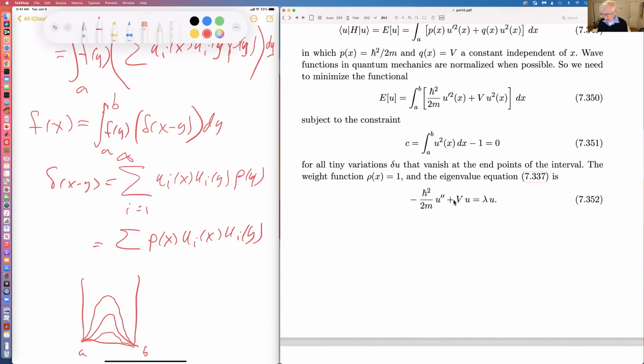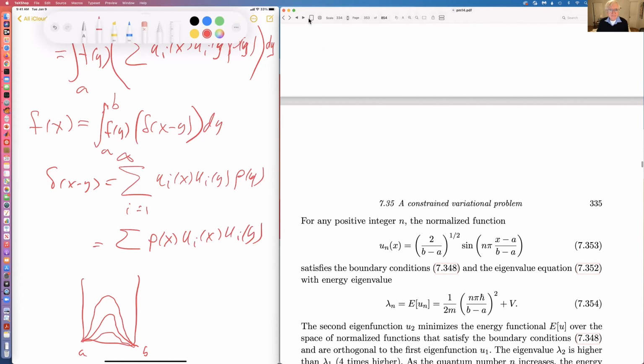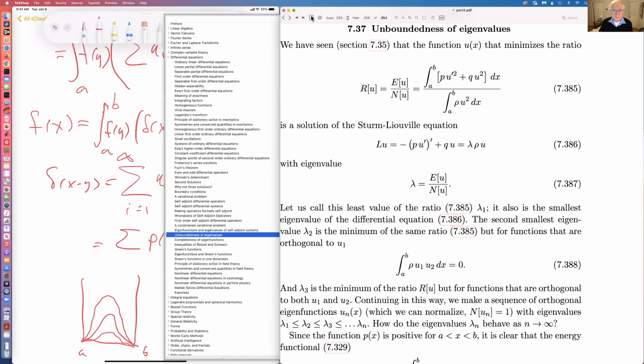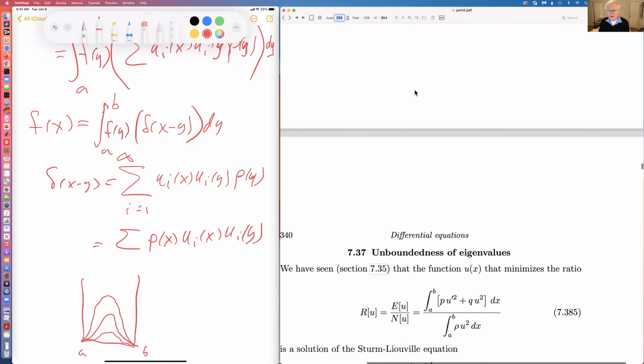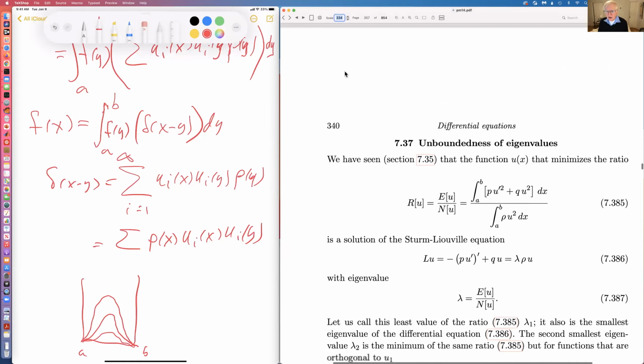And now the potential here is some constant V between a and b, and then infinite outside of a and b. I think now I've gotten us back to where we were. Yes, okay.